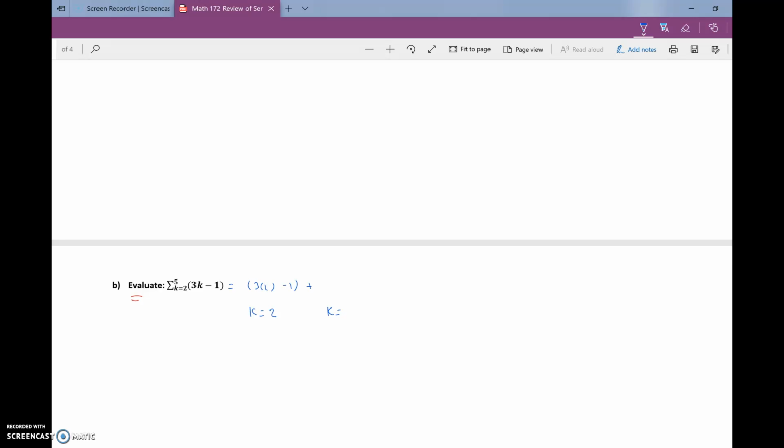So this is 3 times 2 minus 1, then k is equal to 3. So this will be 3 times 3 minus 1, then k is equal to 4. So this will be 3 times 4 minus 1, and then it stops at 5. So k is equal to 5, so plus 3 times 5 minus 1.